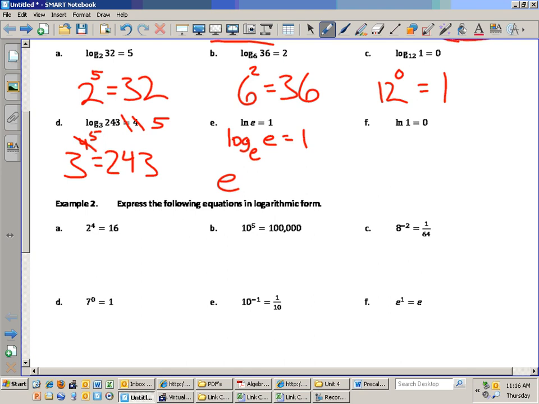E to the 1 is equal to E. Is that true? Yes. And the second one, natural log of 1 is 0. That would be the log base E of 1 is equal to 0, or E to the 0 power is 1. Anything to the 0 power is 1.